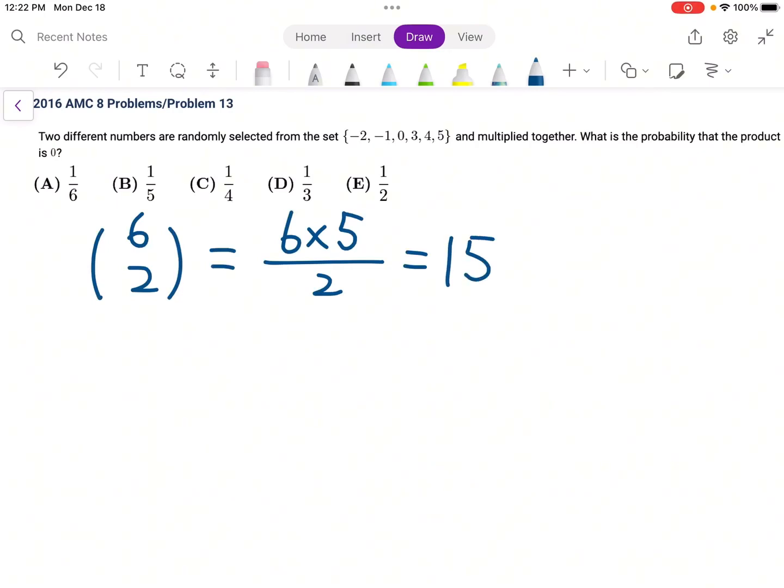And then if we want the product of the two numbers to be 0, then one number has to be 0. And the other number we can choose from any of the 5 non-zero numbers. So that's 5 choices in total. 5/15 equals 1/3. So the answer is D.